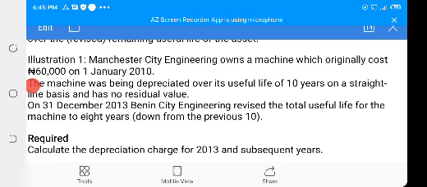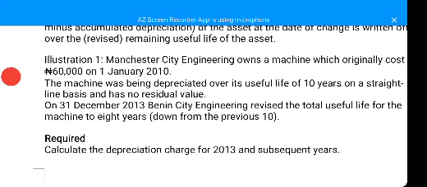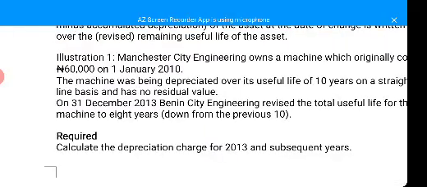Manchester City Engineering owns a machine which originally cost 60,000 naira on 1st of January 2010. So the cost is 60,000 naira. The machine was being depreciated over its useful life of 10 years on a straight line basis and has no residual value.